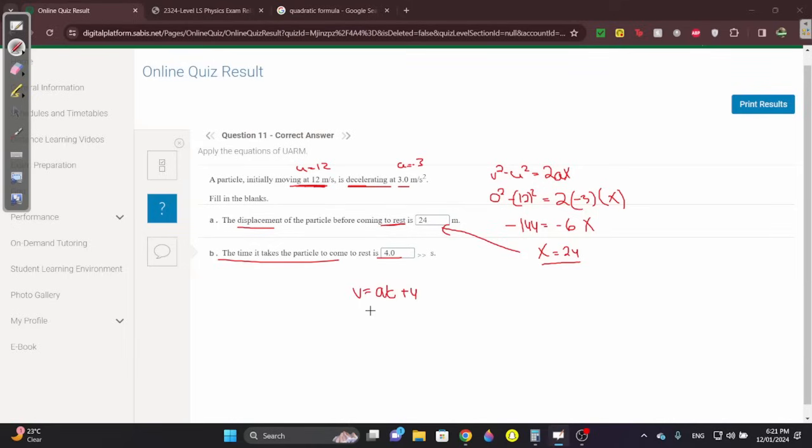Velocity is 0 since we're at rest. Acceleration is negative 3 times the time, plus u, which is plus 12 because the initial velocity was 12. You take 12 to the other side, it becomes negative 3t equals negative 12, and you get t equals 4.